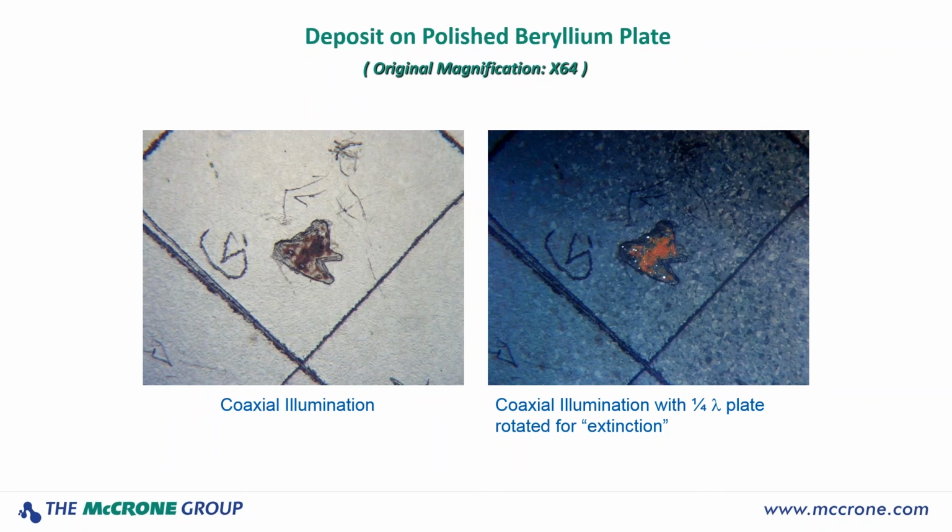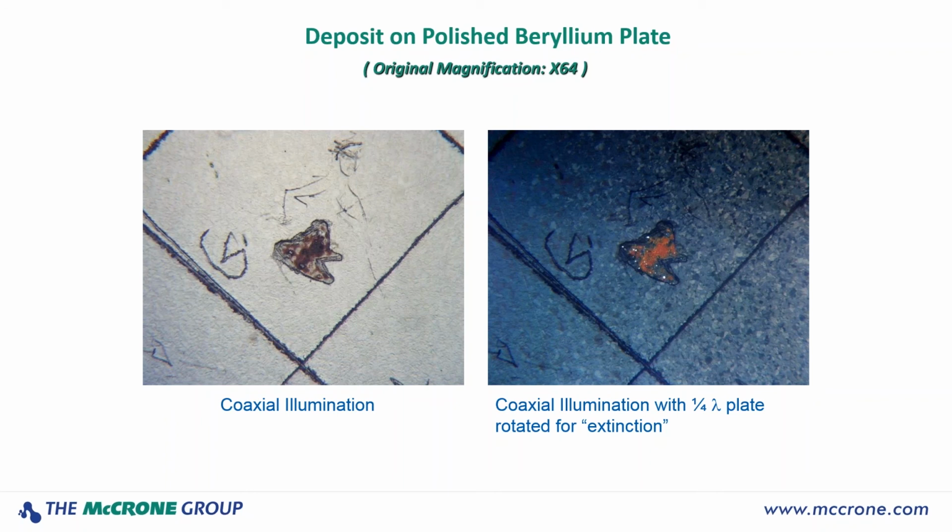But also with the coaxial illumination at the base of the objective lens, you would put on a compensator plate. It's called a quarter wave plate compensator that can be rotated. And as we rotate that compensator plate, the image goes from fairly bright, like it is on the left-hand side here, to get darker and darker.